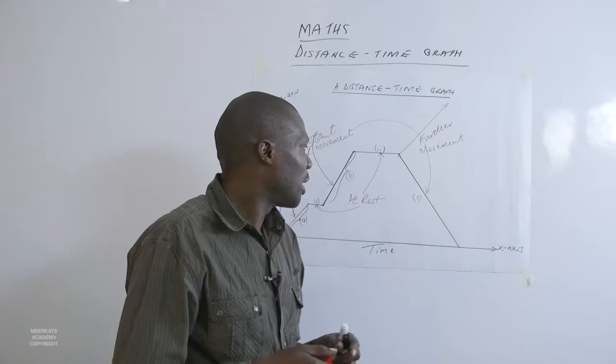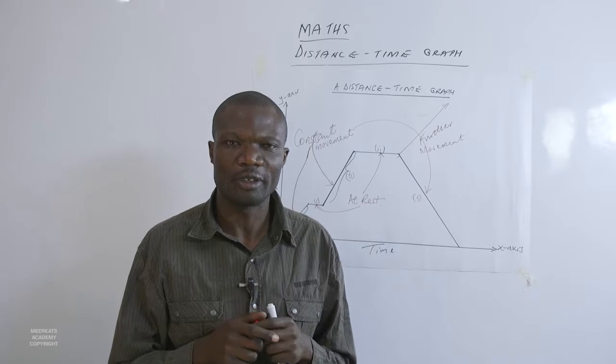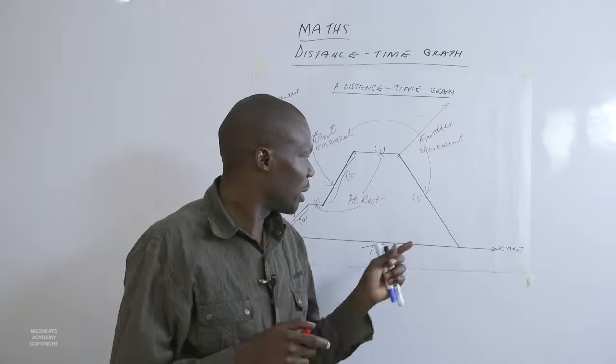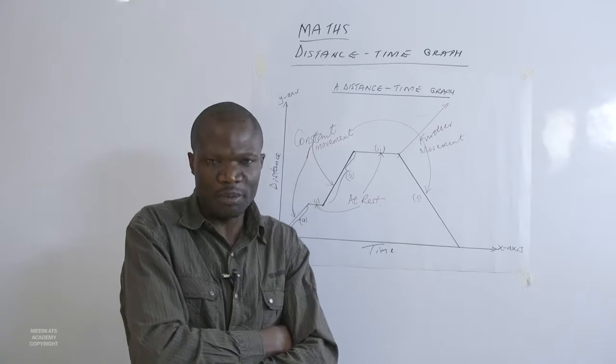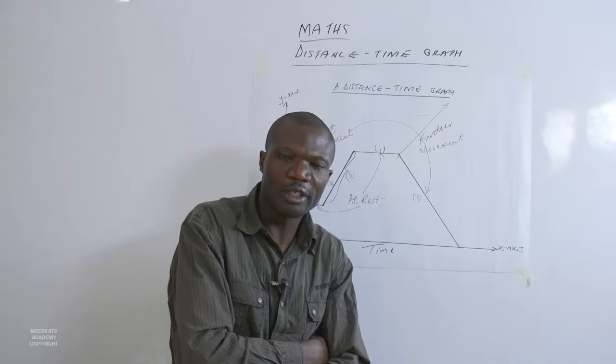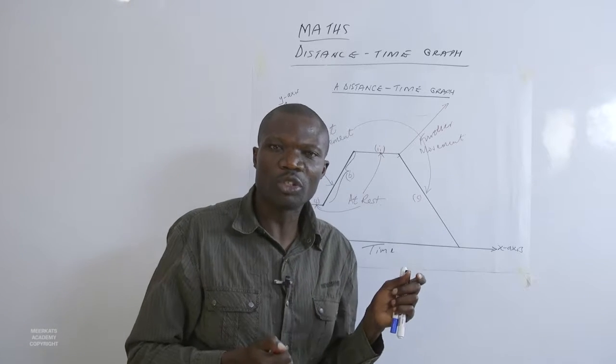And we mean that the steeper the slope, the greater the speed. You look at it and say, this person was driving at a very high speed. You look at it and say that this person was slow.